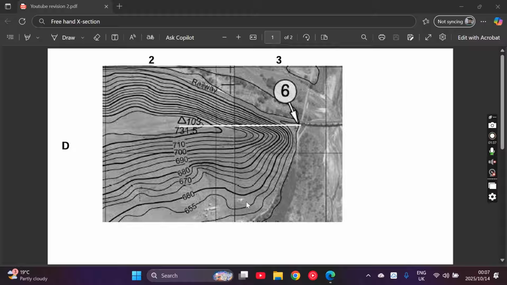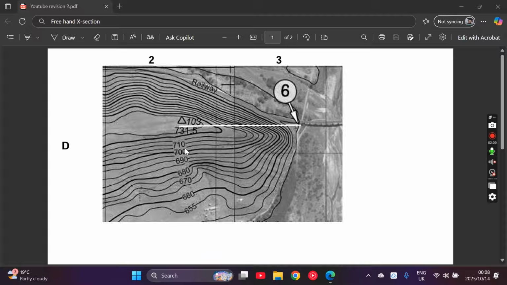So looking into my contour lines given on the orthophoto map, right there at the bottom I have the first contour line, which is labeled 655 meters, and as I go up I can see that it increases up until I get to the trigonometric station there with a contour line that is 731.5 meters.